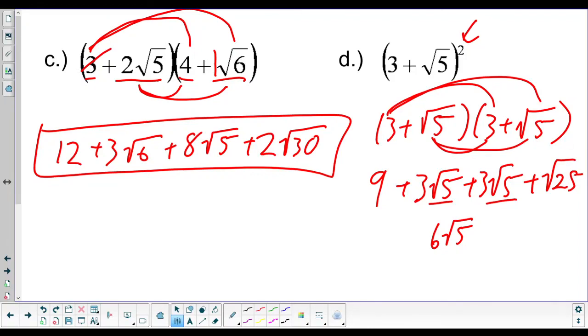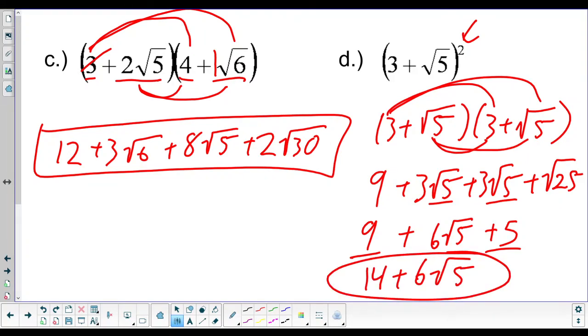Yeah, Mr. Barton, of course. That's easy. Yeah, thank goodness. It's a 5. So you don't always have to do the factoring. If you know the square root, just do the square root. Square root of 25 is 5. Plus 9. 5 plus 9. These are like terms because they don't have radicals. So 5 plus 9 is 14. Plus 6 radical 5. And this is our answer.